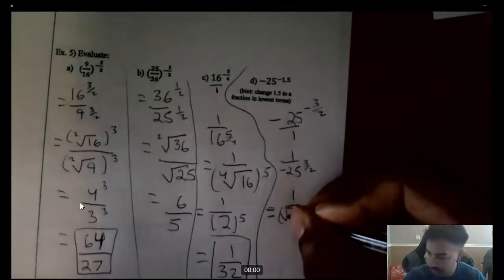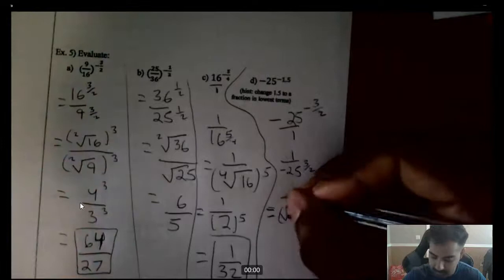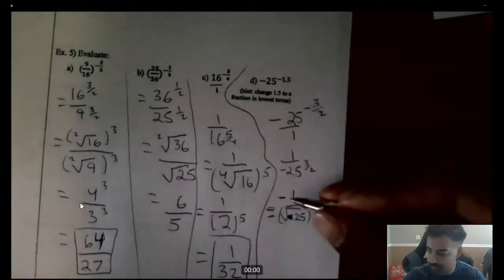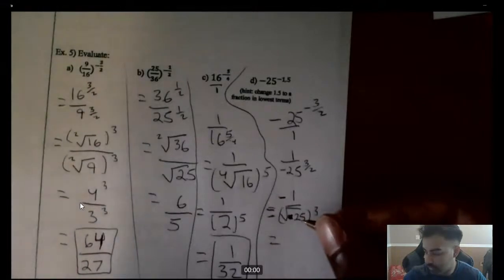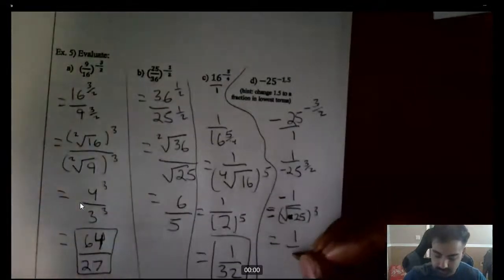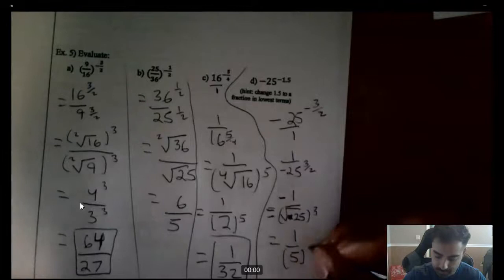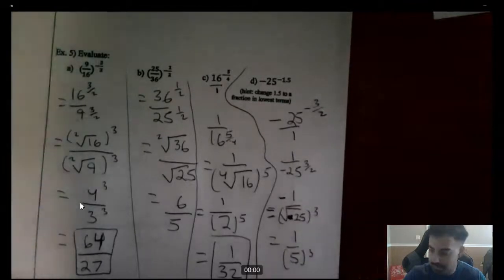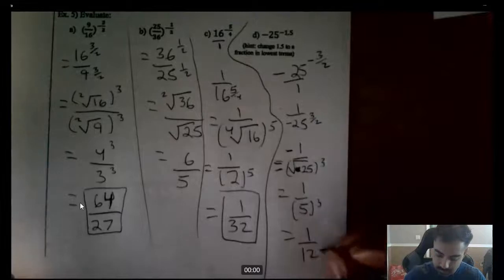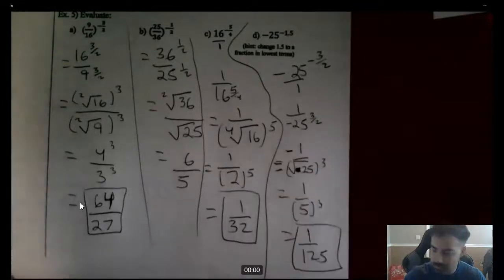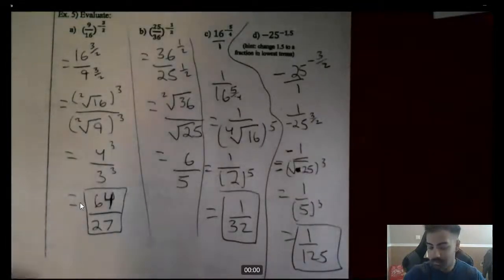I'm going to erase this, but I have a pen, so I'm just going to do that. Put it at the top. Okay, so negative is on the 1 now. So square root of 25 is 5, so 1 over 5, and again, it's to the power of 3. And then 5 times 5 times 5 is 125, so the answer is negative 1 over 125. Okay, good. All right, let's keep going.